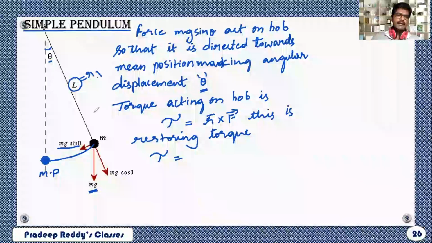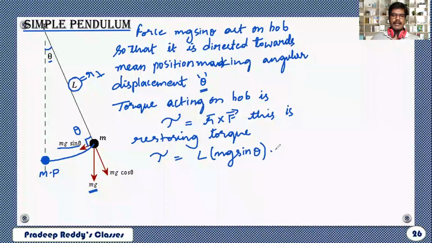This is r perpendicular, and mg sine theta is perpendicular to this r. So r bar and mg sine theta both are perpendicular to each other. So I can write r as L, and the force acting is mg sine theta into sine 90. So torque tau will be equal to mgl into sine theta. This is equation number 1.